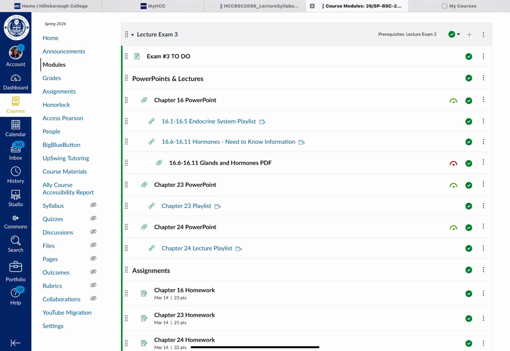Okay, and then for chapter 23, this is going to be the digestive system. So the digestive system is really going to be preparing nutrients for absorption that will eventually be used by cells. And the digestive system is functionally divided into your alimentary canal and associated accessory organs.